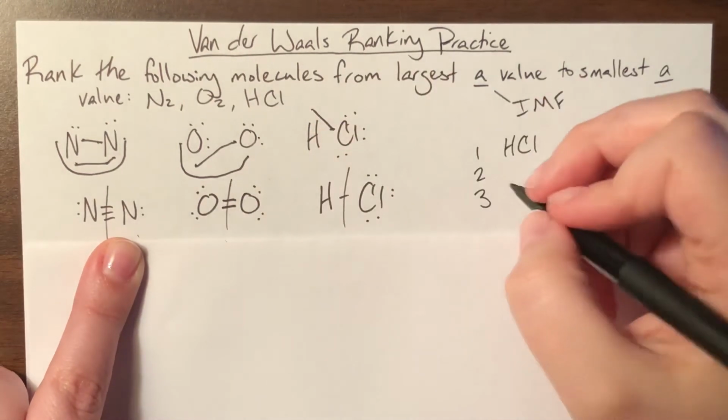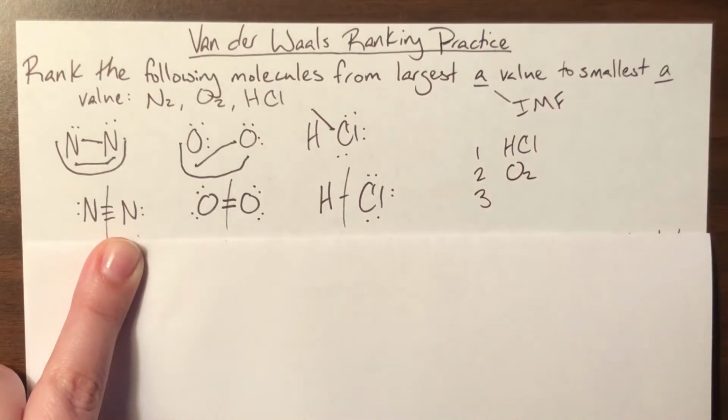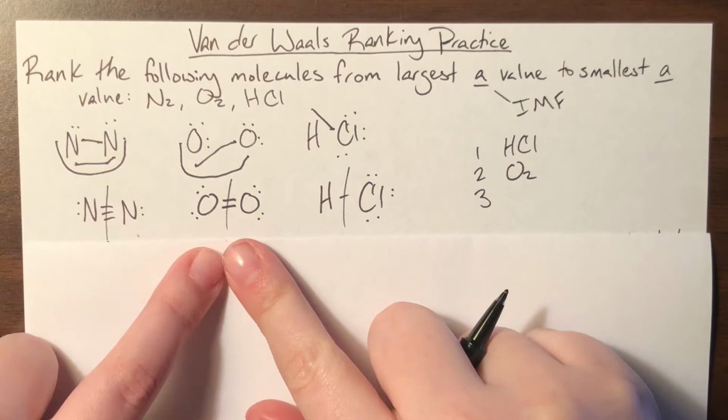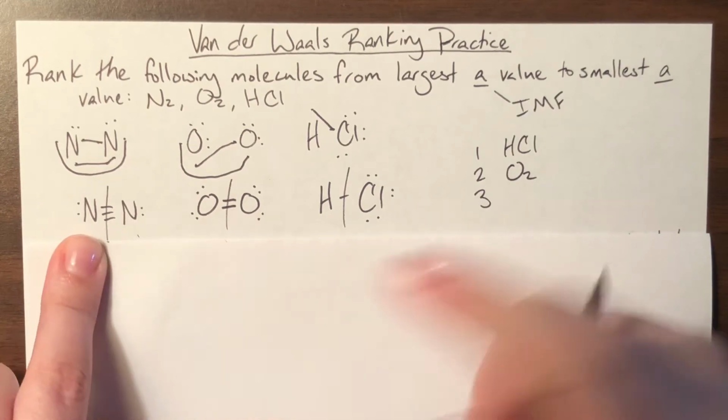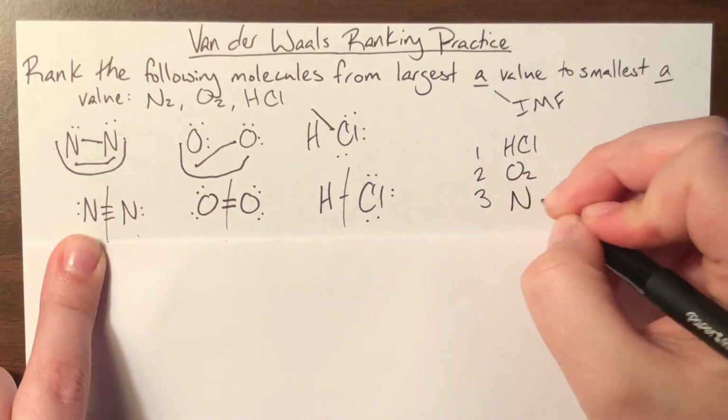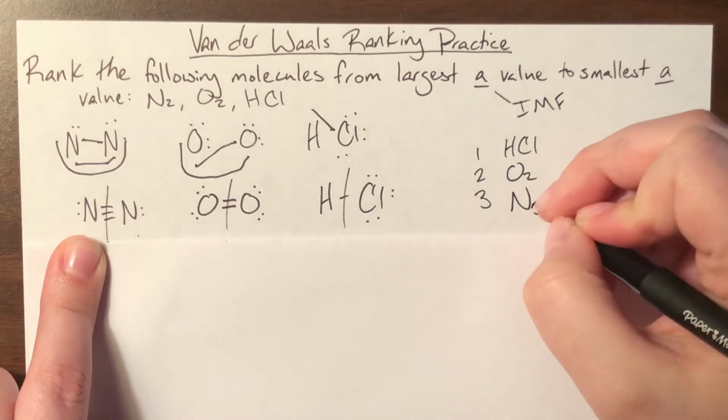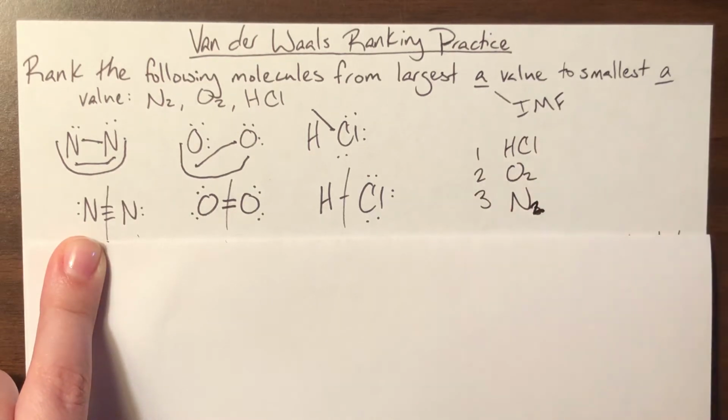So oxygen, O2, that molecule for oxygen is going to be the second most polar, followed by my least polar, which would be nitrogen in spot 3.